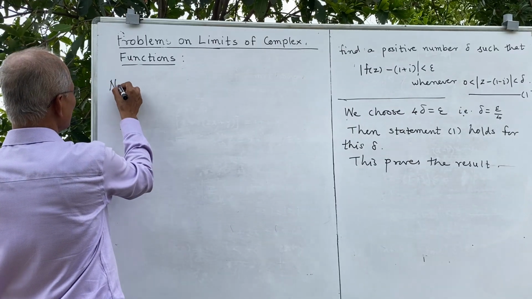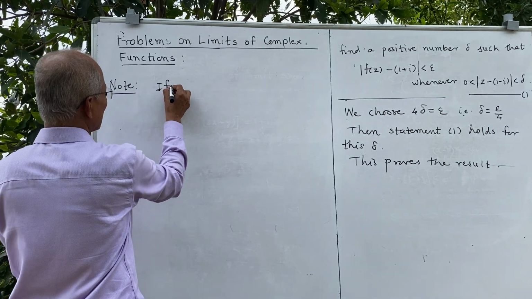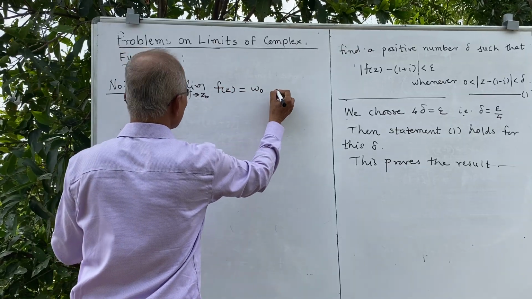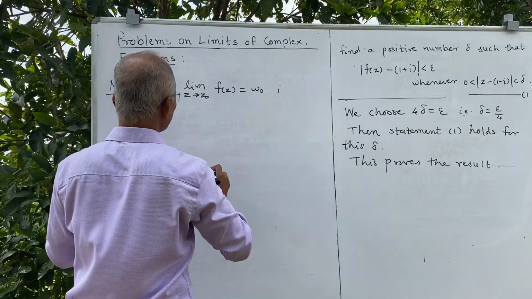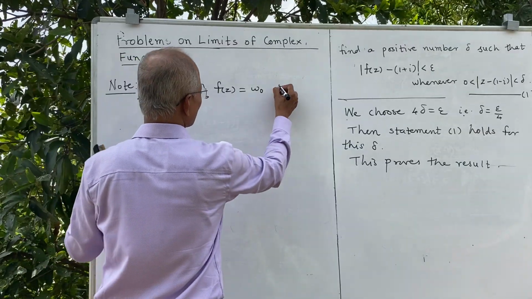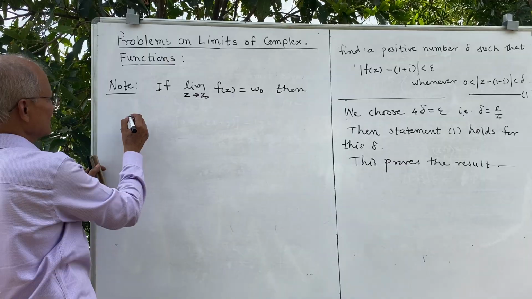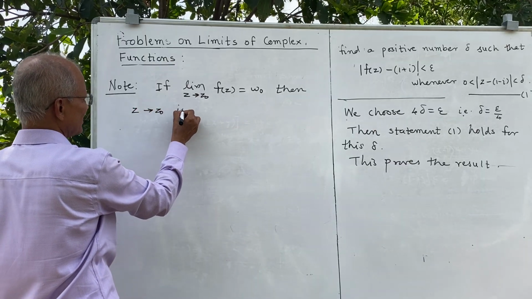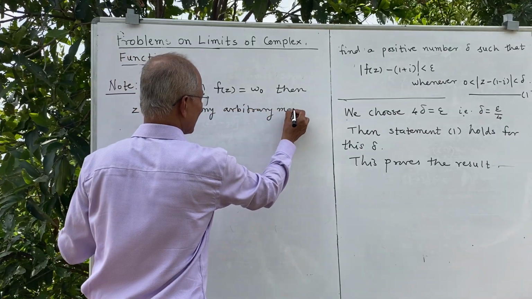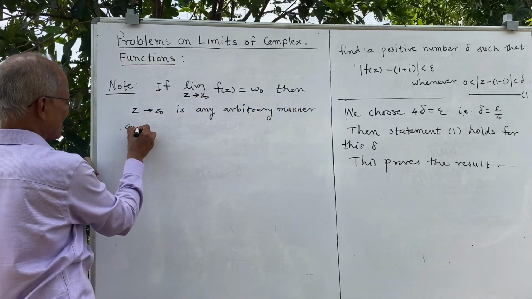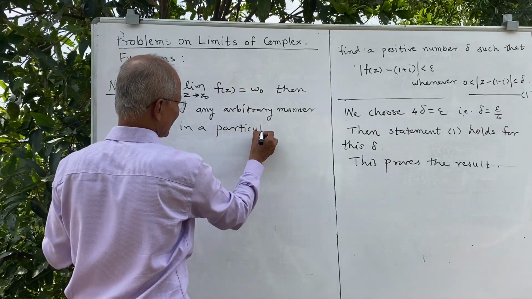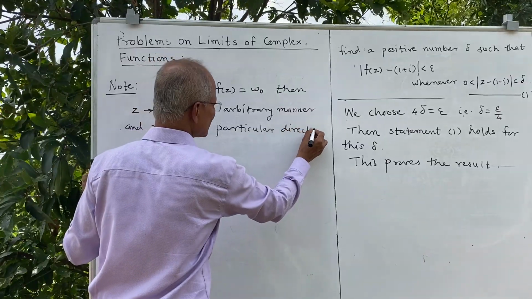So here we will write a note: if the limit as z tends to z naught of f of z is equal to w naught, if it exists, then z tends to z naught in any arbitrary manner, and not in a particular direction or particular way.